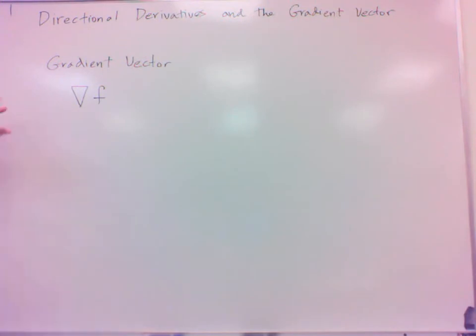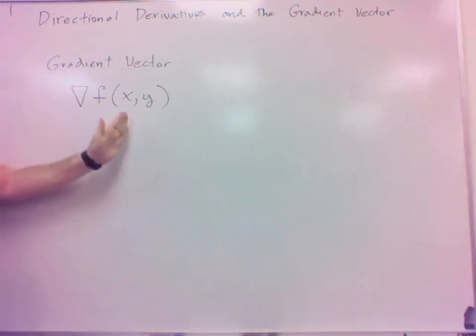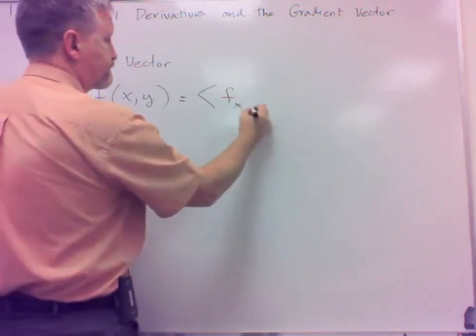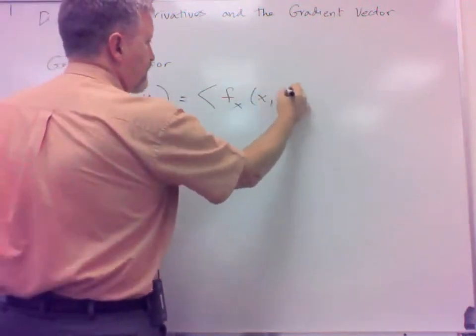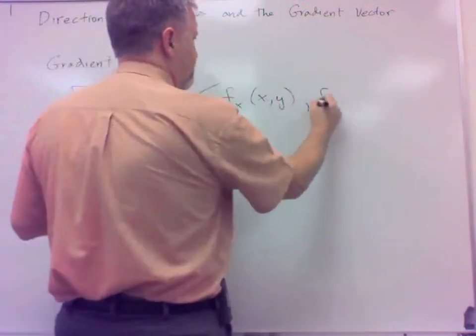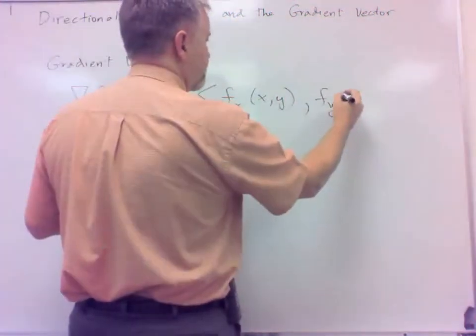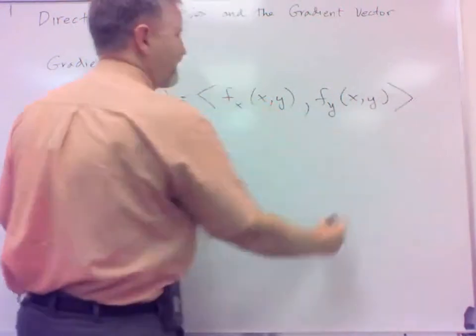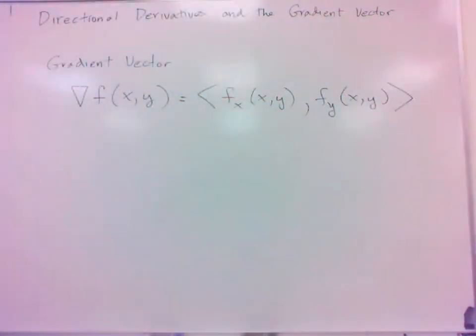It kind of looks like the delta sign, the triangle sign, but tilted over. But the gradient of f at a particular value x, y is simply the partial derivative of f with respect to x at x, y, and the partial derivative of f with respect to y at x, y. That is our gradient, called the gradient vector.